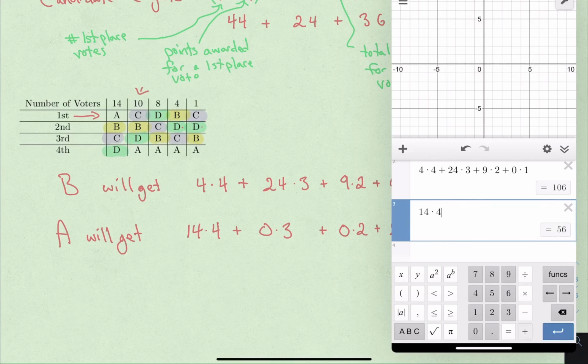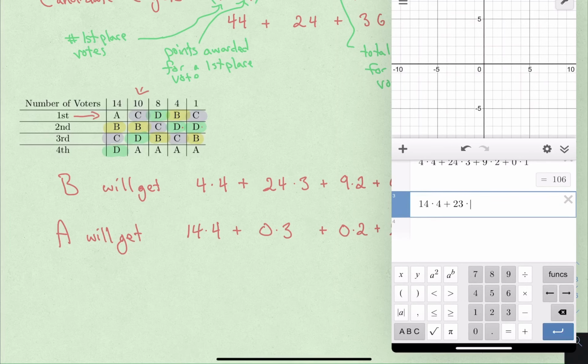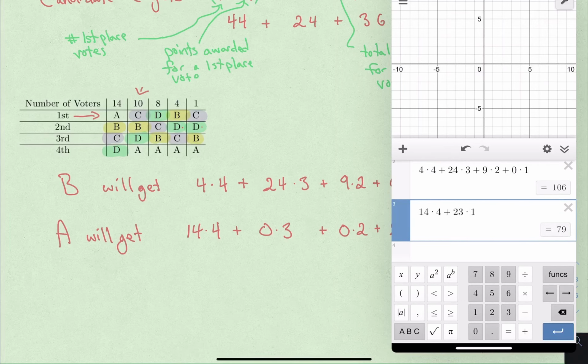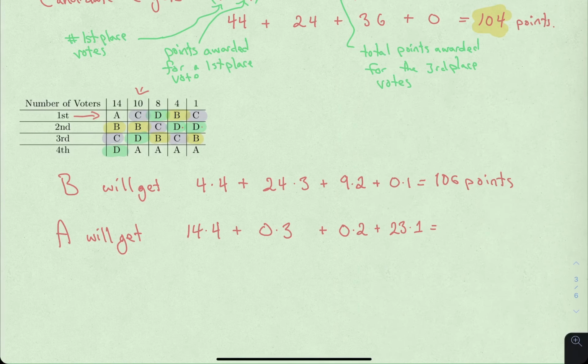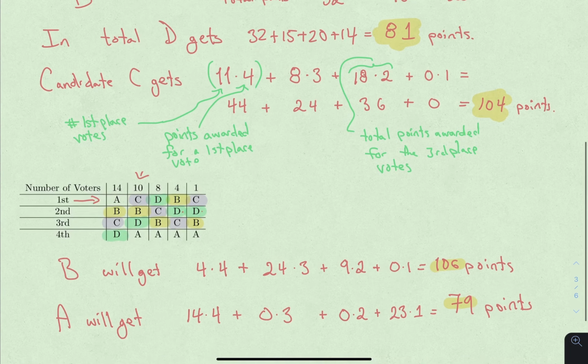Plus 23 times 1 doesn't do anything. 79 points. So it looks like B is our winner with 106 points compared to 81 and 104.